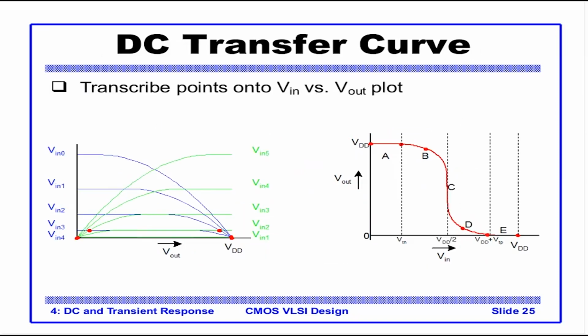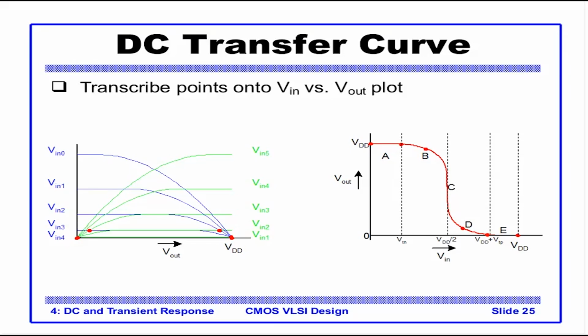Now, earlier the plots were IV curves, showing the current with respect to voltage. Now what we plot here is V in versus V out. If V in increases, what happens to V out? All the points we described earlier, 0, 0.2 VDD, 0.4 VDD, 0.6 VDD, 0.8 VDD and VDD, are plotted on the input line, and we see V out here.